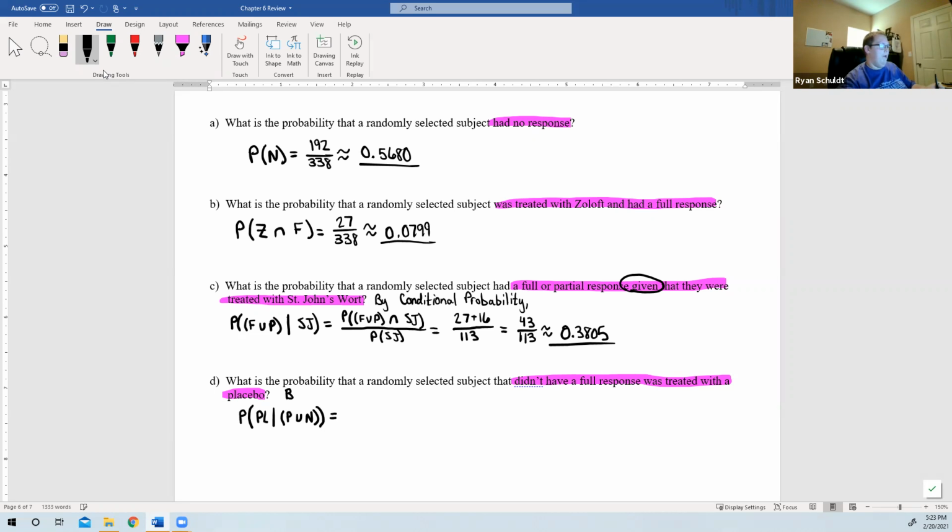So again, by conditional probability, this is going to be the probability of a placebo and partial or no response, divided by the probability of partial or none.